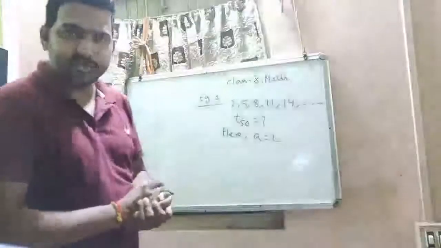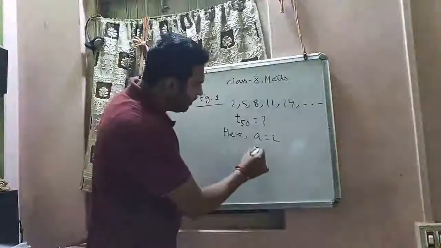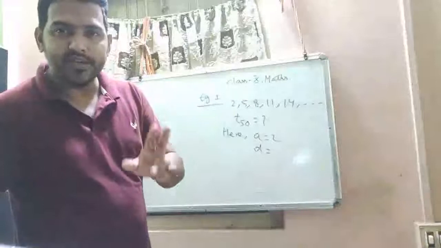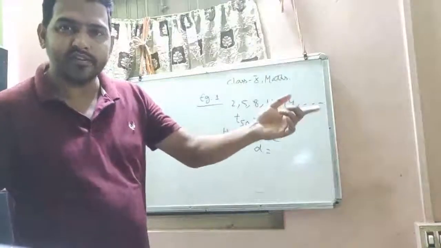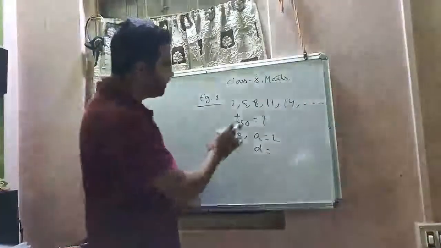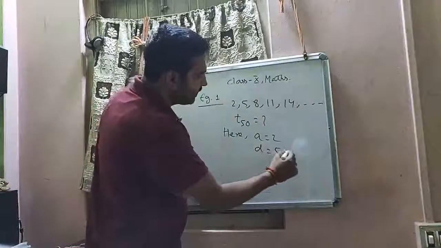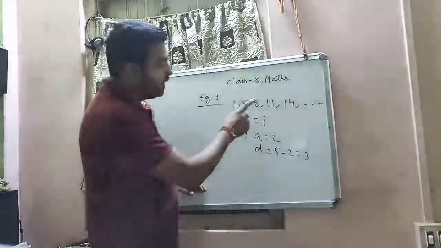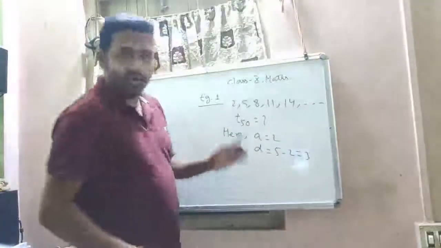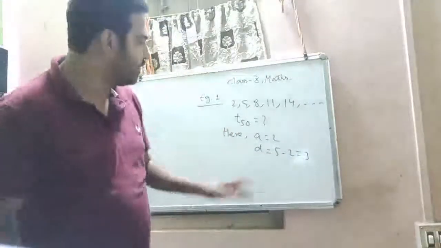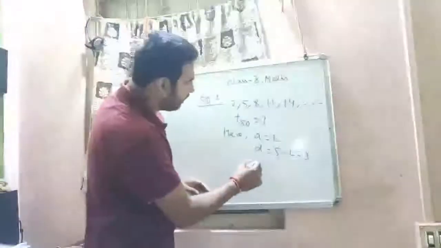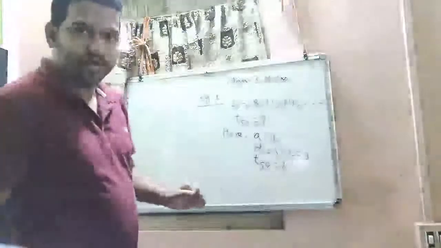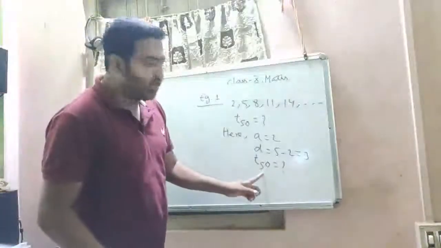The first term is 2. The common difference, you can subtract any two consecutive numbers, from the first one from the second one. So let me subtract 5 minus 2 is 3. Or you can subtract 5 from 8, or you can subtract 8 from 11. In all cases, the common difference should be same. So d is equal to 3. We have to find T50 term is what? Understood? This time n is equal to 50.